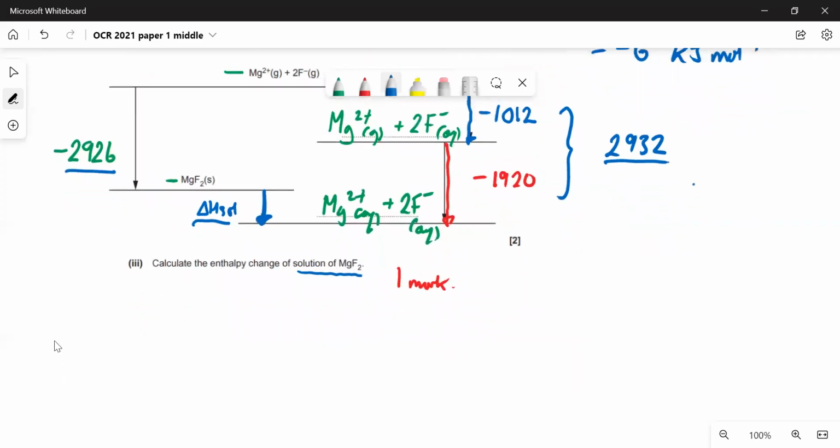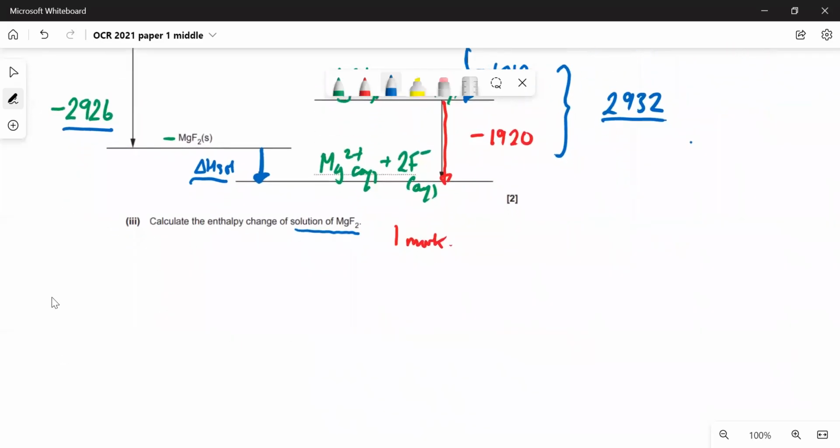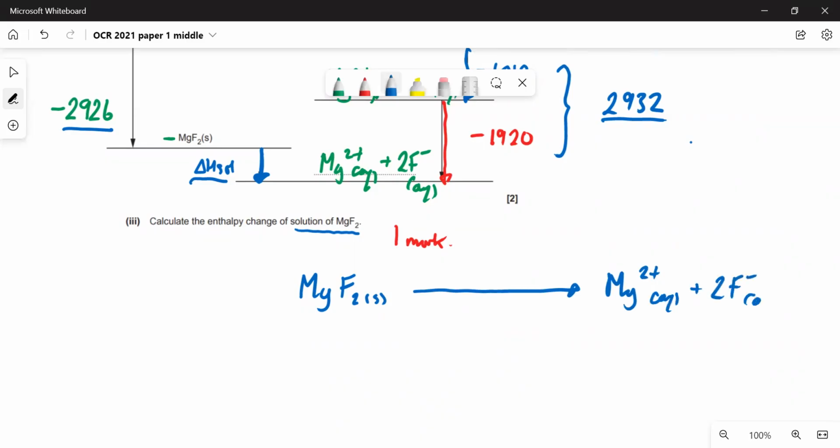Some people don't do it that way, they just do a Hess's Law triangle. They do something like MgF2 solid, going to separate ions, going to Mg2+ aqueous. And then the third thing they have down here is magnesium ions in the gaseous state and fluoride ions in the gaseous state.